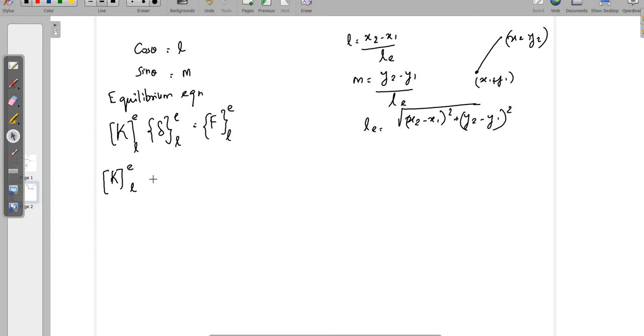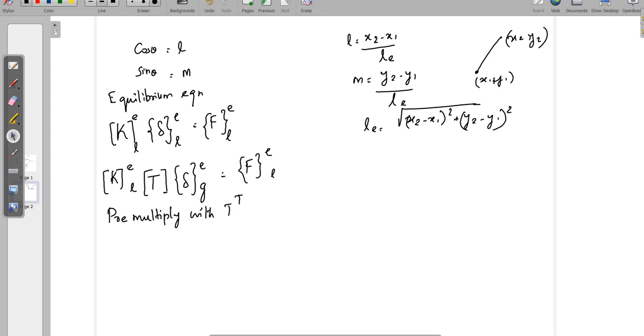Instead of delta EL, I am going to substitute the transformation matrix and the delta for the element level in the global coordinate. The next is FEL. Now I am going to pre-multiply with T transpose on both sides.